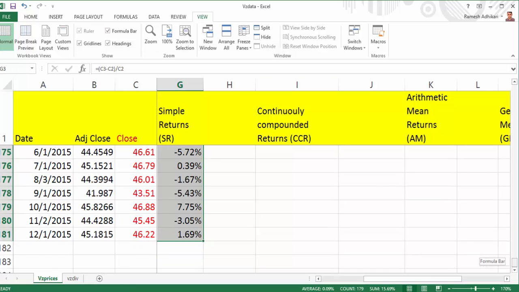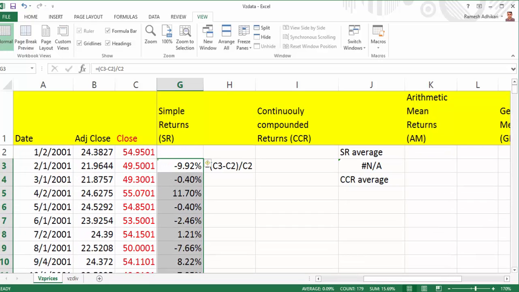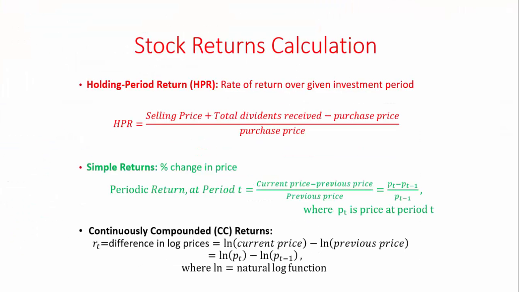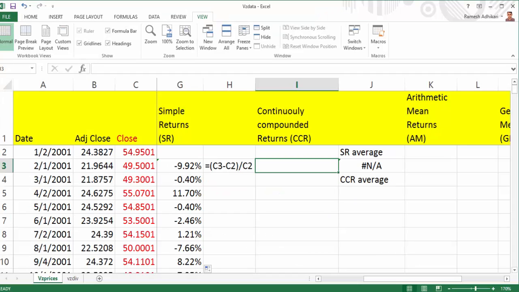So now let's look at how we calculate continuously compounded return. Again, if you go to my PowerPoint, you can see that to calculate continuously compounded return, you simply do ln, meaning the log of the current price minus the log of the previous price, right? So you go here, and again use ln, the natural log of the current price right here, minus ln of the previous price.